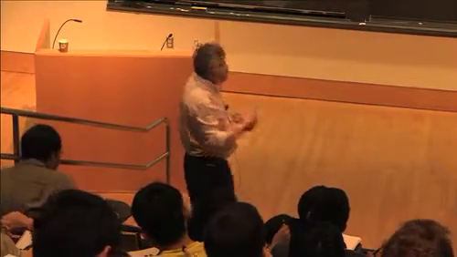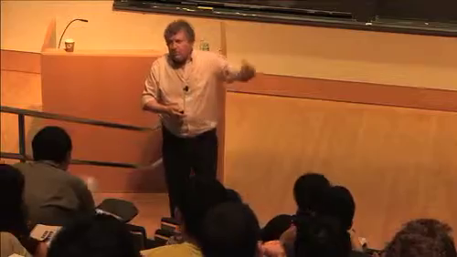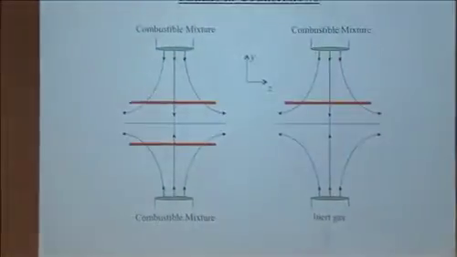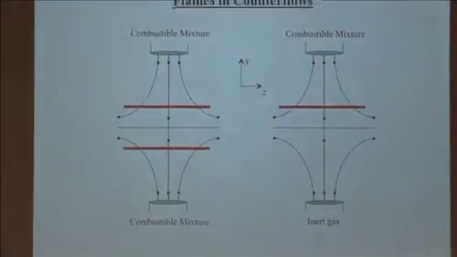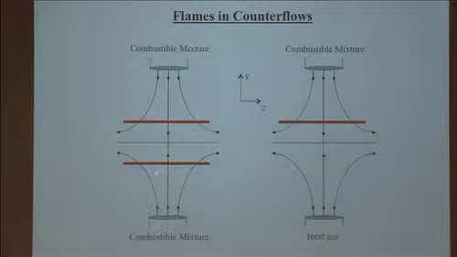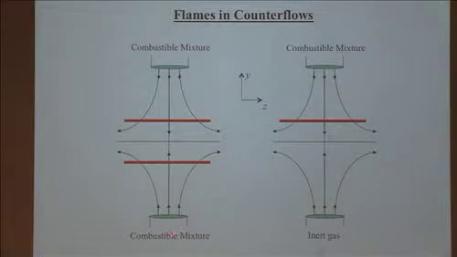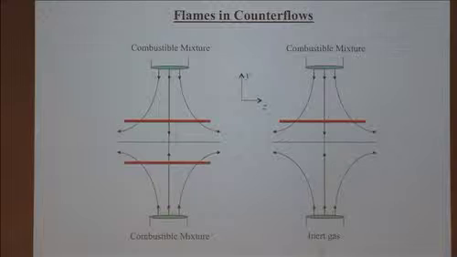Okay, the next example, I will almost skip the detail and just show you the end result, because it's a little bit too long. So it's flames in counterflow. And these are two configurations. There is a third one that I will mention in a minute. So you can have two burners that are exactly aligned to each other.